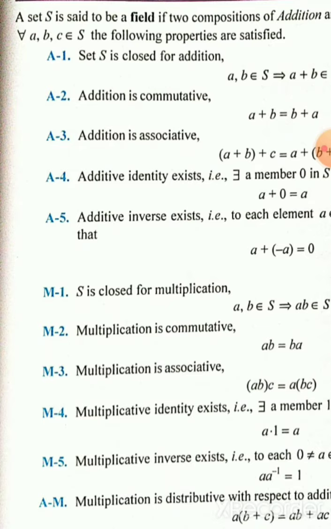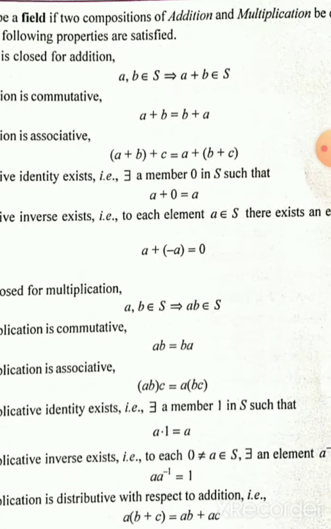So here the multiplication is distributive over addition. That is, if you choose any 3 elements a, b, c from set S, and if you write a(b + c), evaluate it, assign it equation number 1, and then evaluate ab + ac, assign it equation number 2.